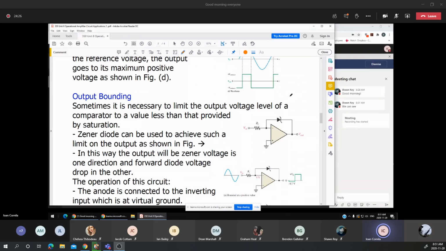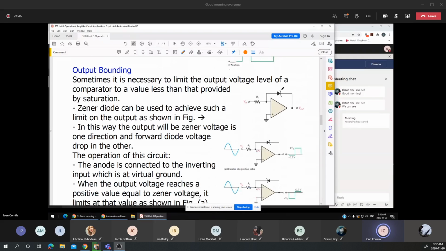Now, another application derives from using different diodes. In this example, we use the Zener diode, which, if connected as the RF or feedback resistance, or instead of the feedback resistance, will limit the output voltage.